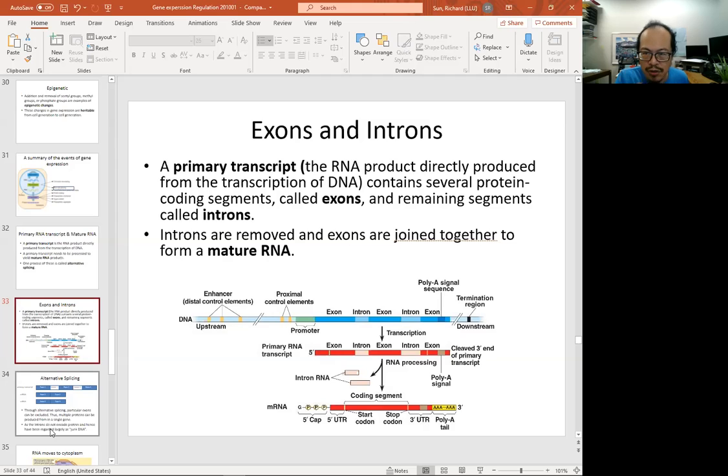The intron is the one to be removed. The exon is the one to be preserved, so the exons stay together. The chopping is like when you're cooking: you have the celery, you chop away the root and maybe some leaves, and you keep the part you want. Here is a similar idea. You have this code, you chop away the introns, and you leave the exons together.